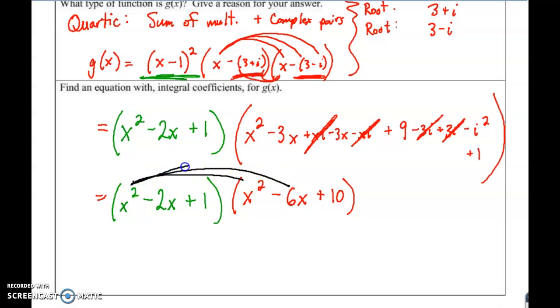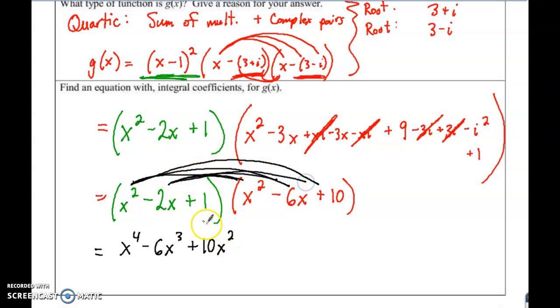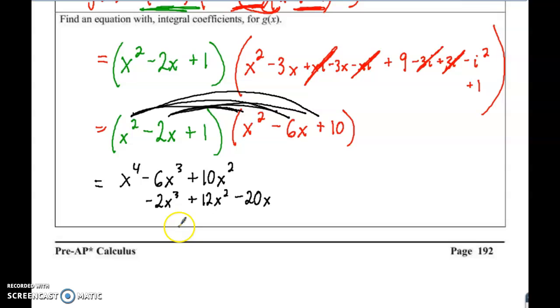x squared times each term. You can probably see why I skipped a little bit. x to the 4th minus 6x cubed plus 10x squared. Now distribute the minus 2x to each one. And I've actually seen some people line these up with your like terms so you're not forgetting anything. That would be plus 12x squared and then minus 20x. And then distribute your 1 to everything.